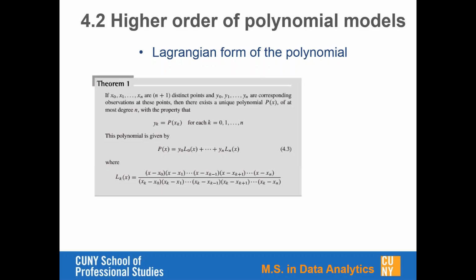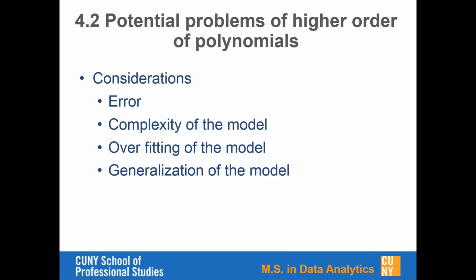This polynomial is given by p(x) equals y0 L0(x) plus all the way to yn Ln(x), where Lk(x) can be defined this way. So this is a Lagrangian form of the polynomial. It's worth reading the book for this example.